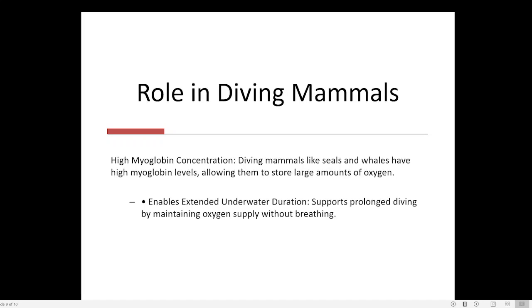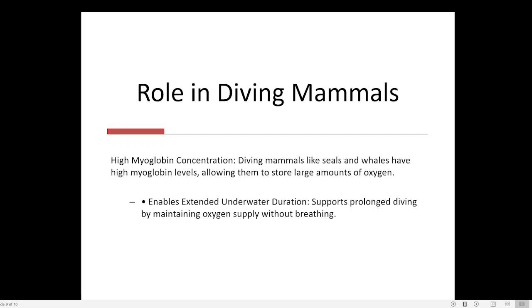Then, in the case of aquatic mammals, diving mammals like seals or whales, because they spend a lot of time below water, they have a higher level of myoglobin, and that allows these aquatic mammals to store a lot of oxygen. For example, if you fall into the river or water, we will die after some time.